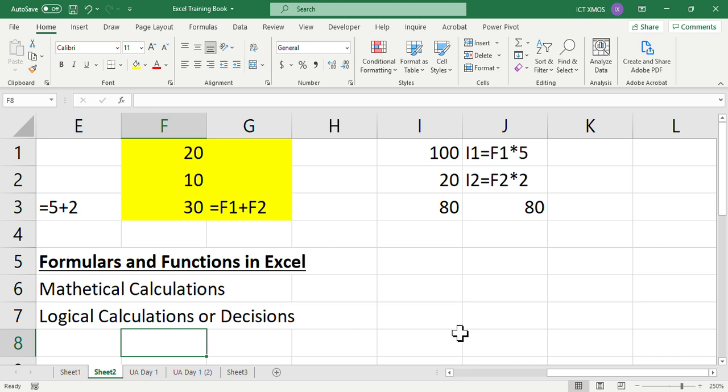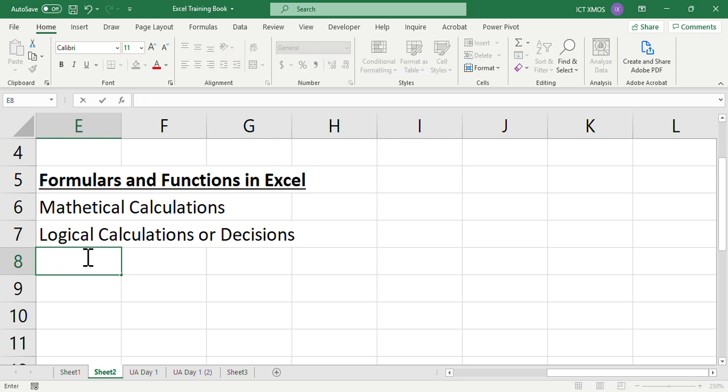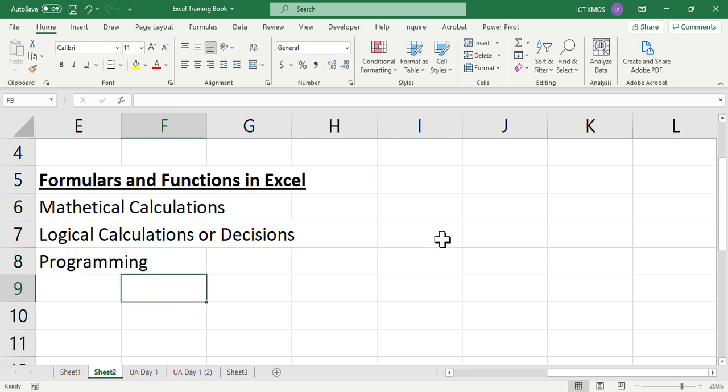That's what you can do in Excel, and even a bit of programming. We can do that in Excel. So we are going to do this. We are going to do this too.